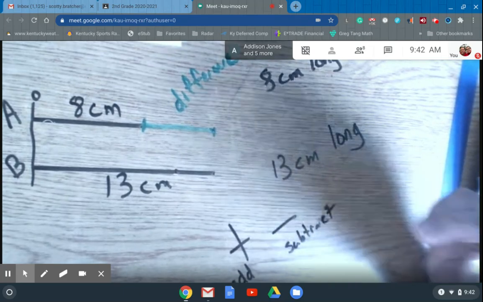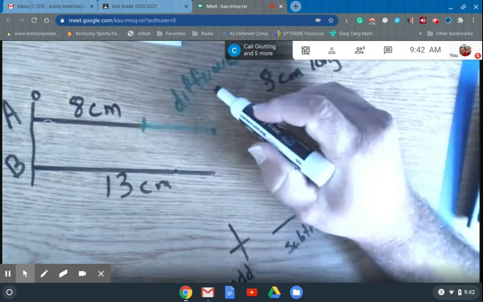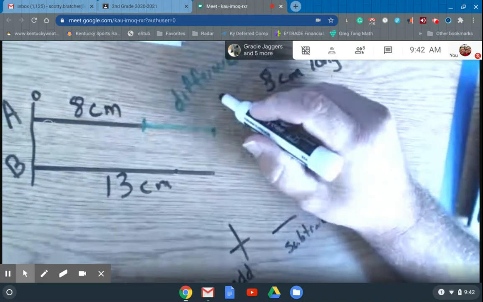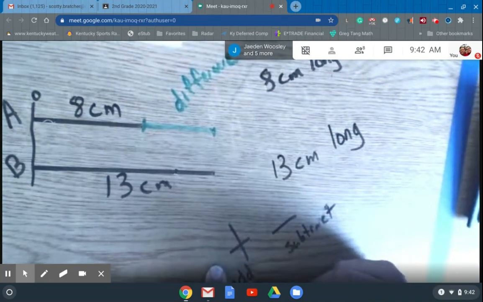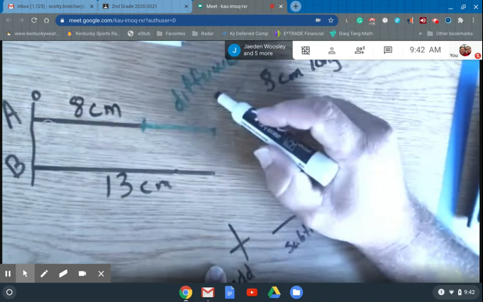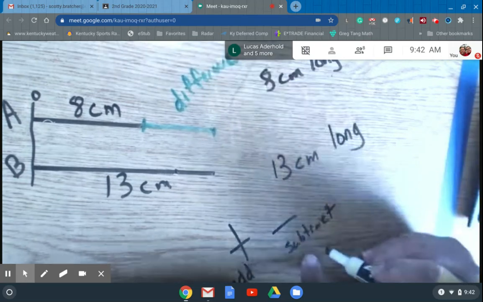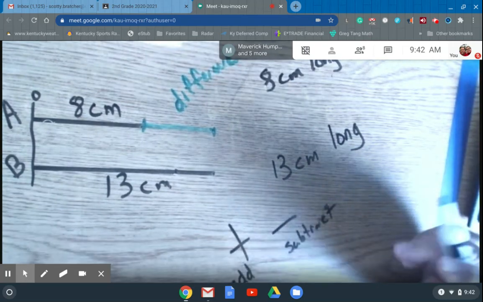Okay? The answer to an addition problem, is that the difference? Or is it the answer to a subtraction problem? Is that called the difference? Okay? So if you think it's adding and we get a difference, you're going to touch your nose. If you think it's subtract and that's the difference, you're going to put your hand on top of your head.